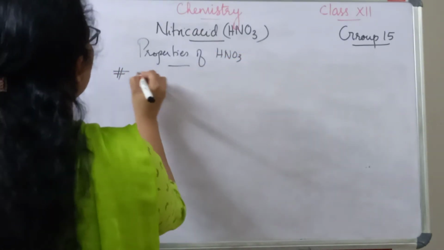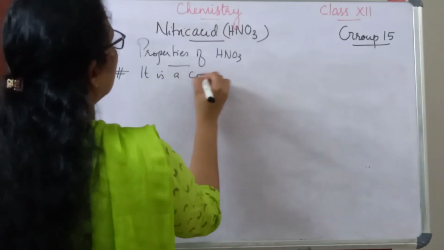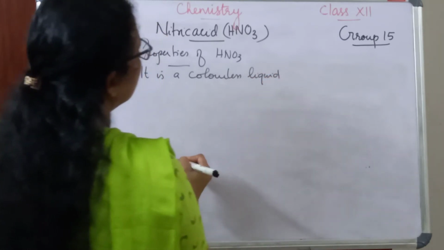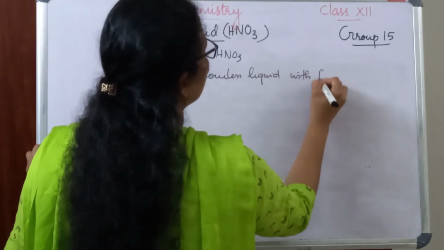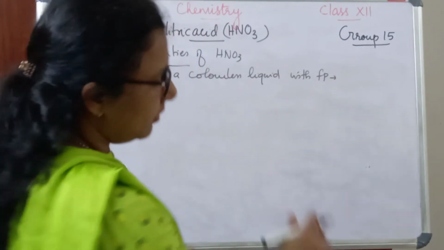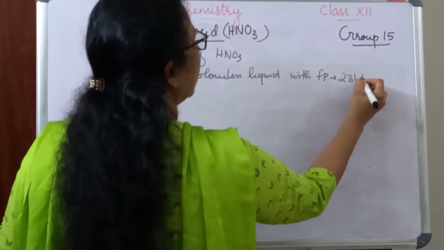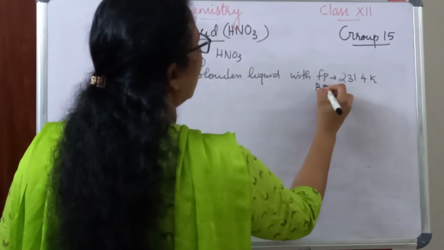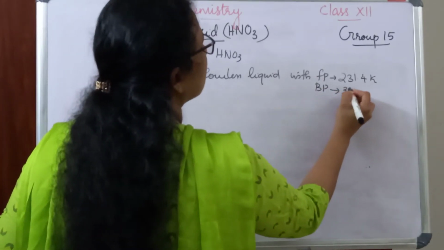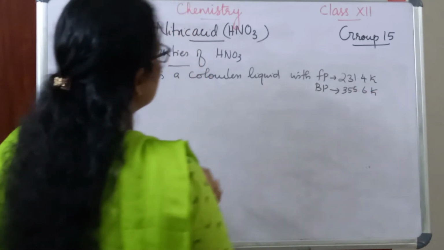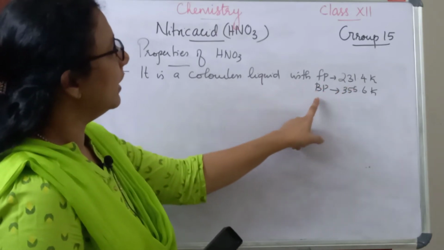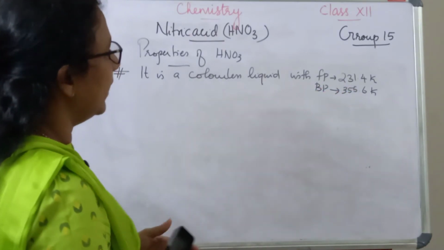First point is, it is a colorless liquid with freezing point 231.4 Kelvin and boiling point 355.6 Kelvin. So it is a colorless liquid with freezing point 231 Kelvin and boiling point 355 Kelvin.